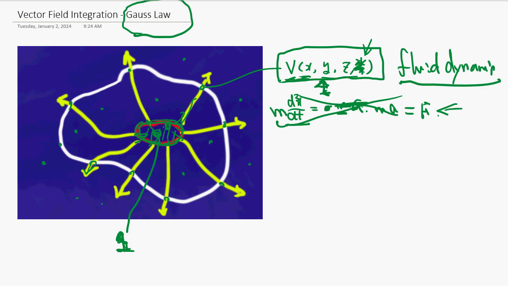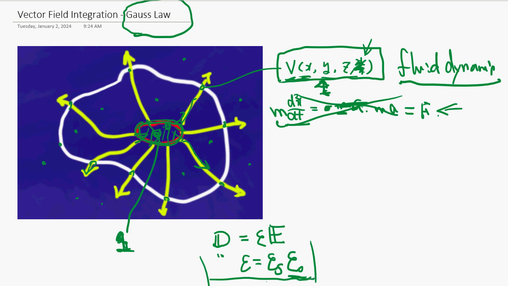So what we say is the flux is coming out from each charge. The flux is called electrical flux, D, and you know D is related to the electric field, right? And permittivity is relative permittivity and permittivity for vacuum. So you learn this in physics. Electrical engineers have to go through this.